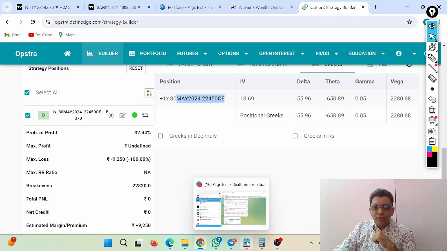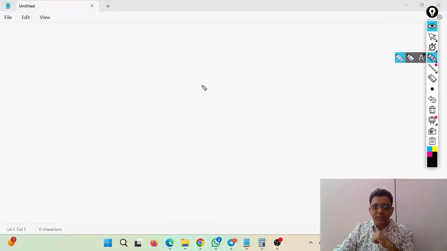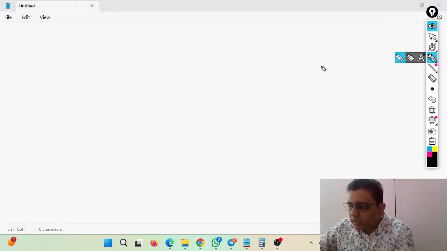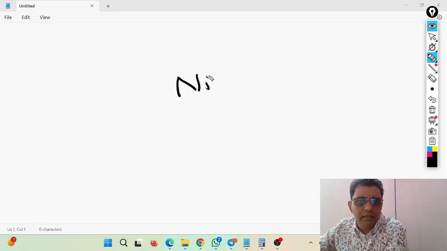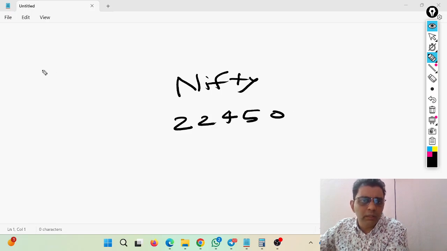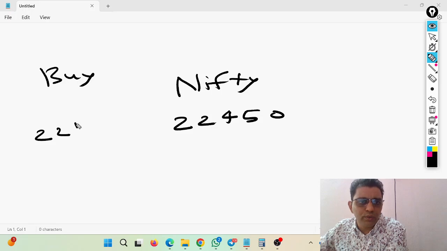Let me write it down over here to make it even simpler. Again, from the basics: Nifty spot price is 22,450. Buy 22,450 CE at the money.